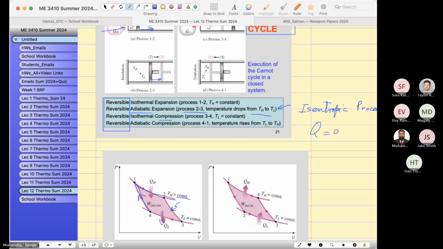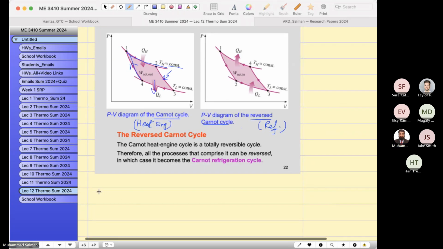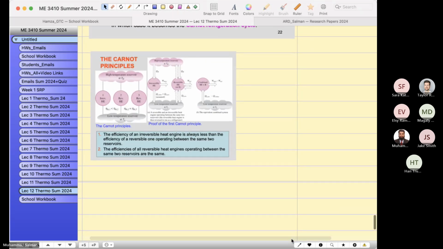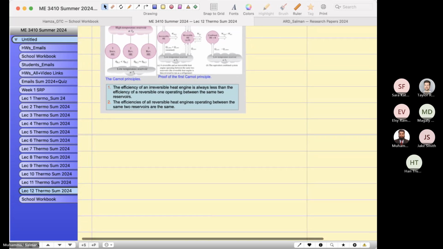Next slide, I'm going to show you that the efficiency of an irreversible heat engine is always less than the efficiency of a reversible one. The efficiency of all reversible heat engines operating between the same two reservoirs is the same.